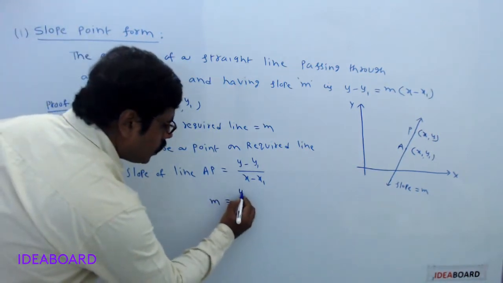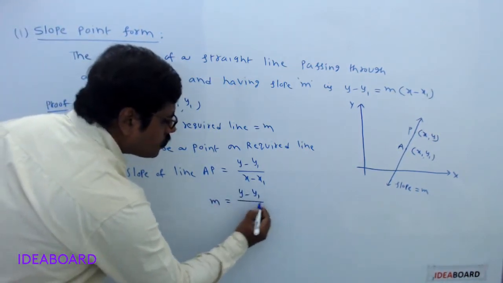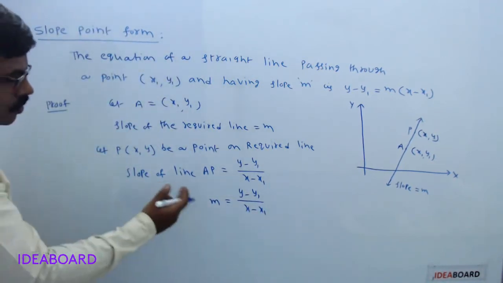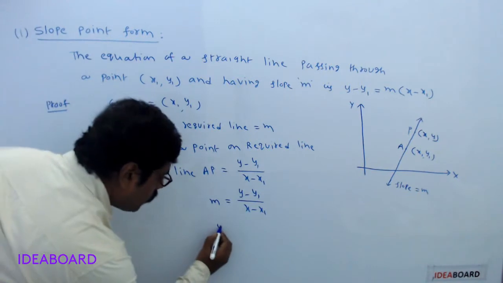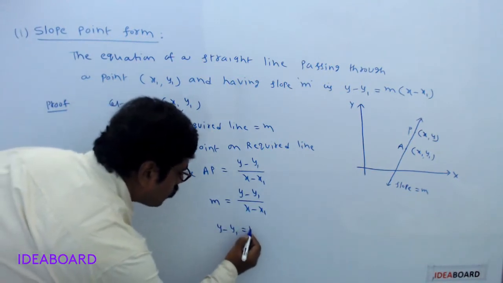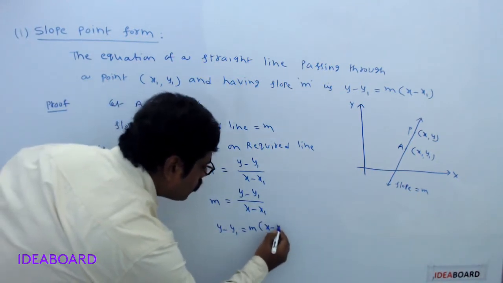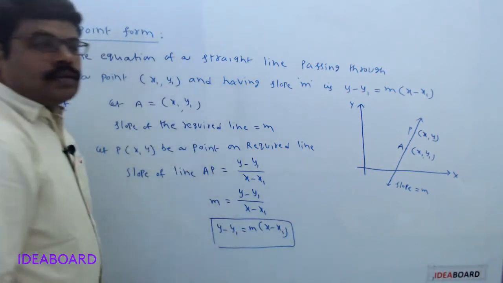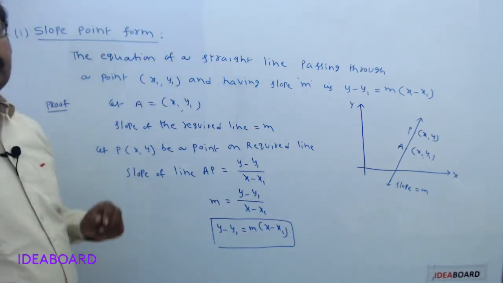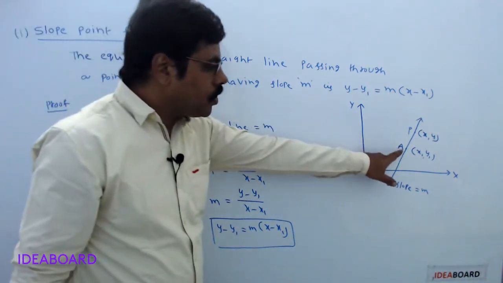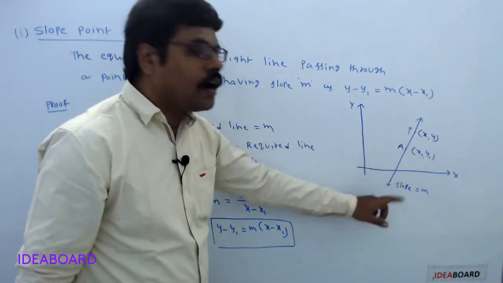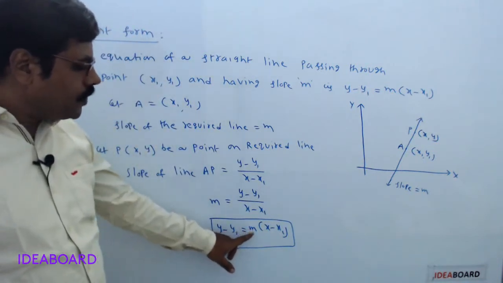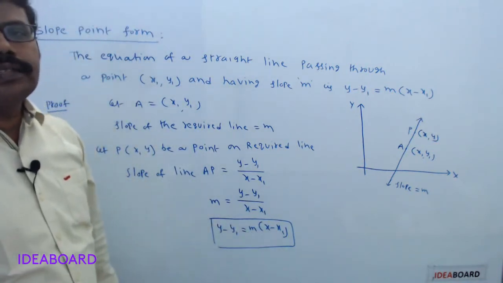So m equals y minus y1 divided by x minus x1. Now do the cross multiplication. y minus y1 equals m into x minus x1. So the equation of a straight line passing through a point x1, y1 and having slope m is y minus y1 equal to m into x minus x1.